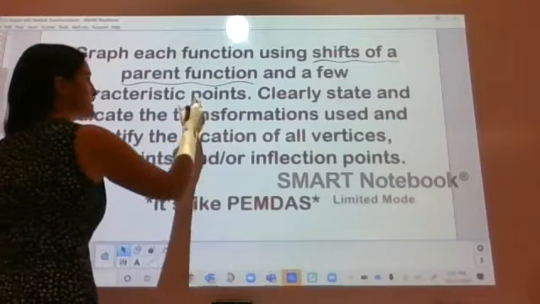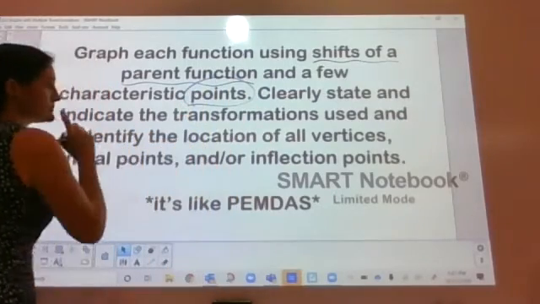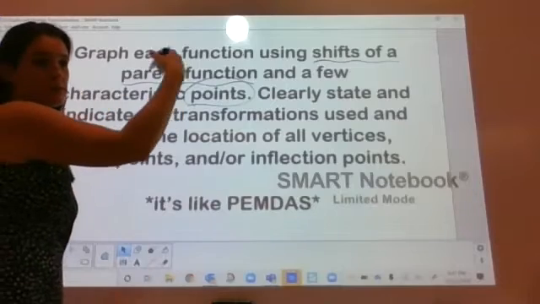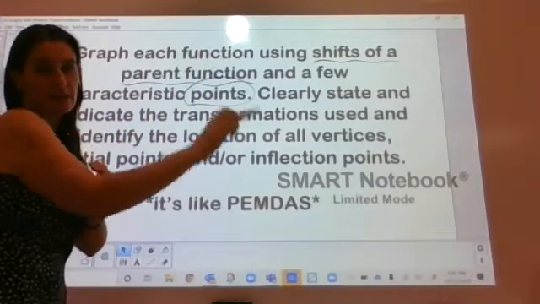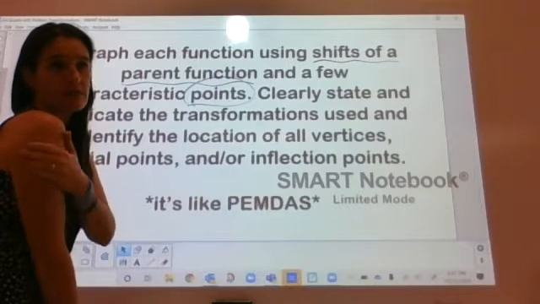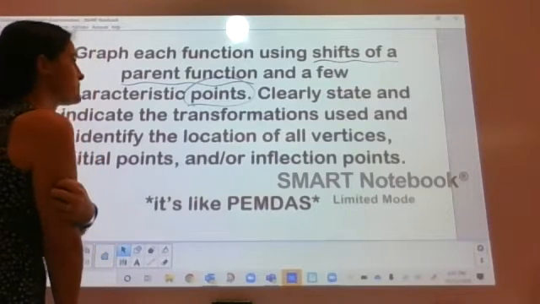And a few characteristic points. Those are the points we talked about on Tuesday or Monday, depending which class you're in, when we made that little packet of the library of parent functions.